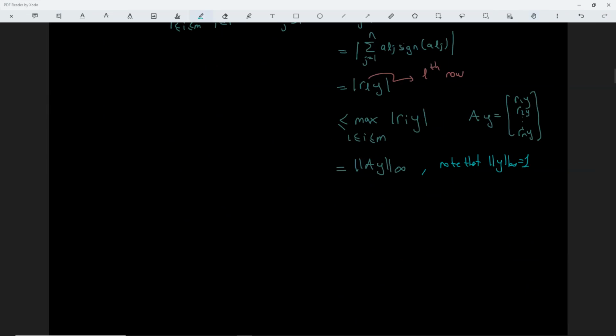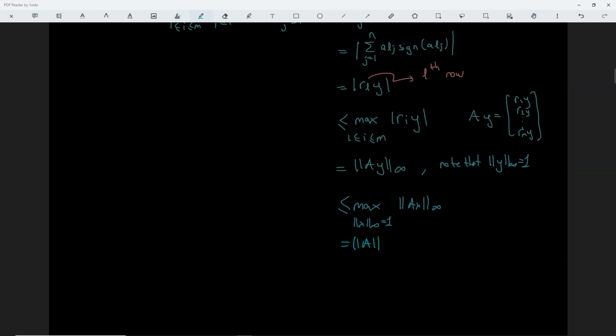So that value has to be less than the maximum value among all x's with infinity norm equal to 1 of the infinity norm of Ax. And that is, by the way, the definition of the induced norm of A, right?